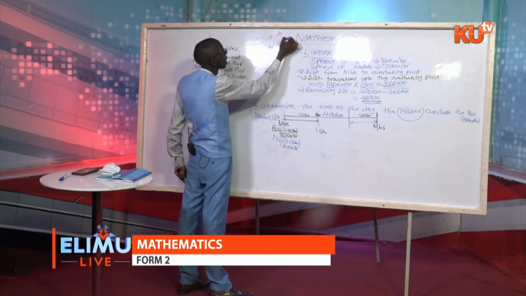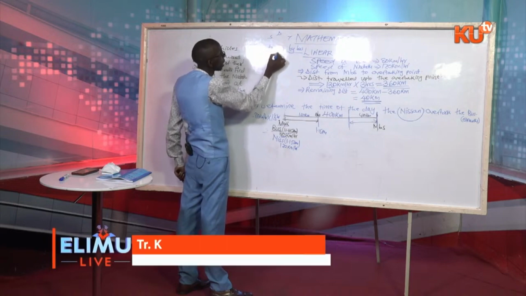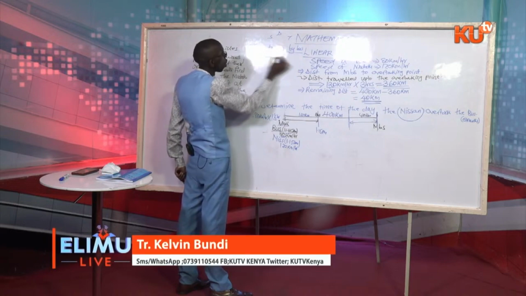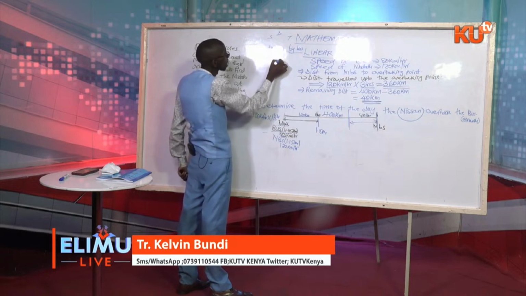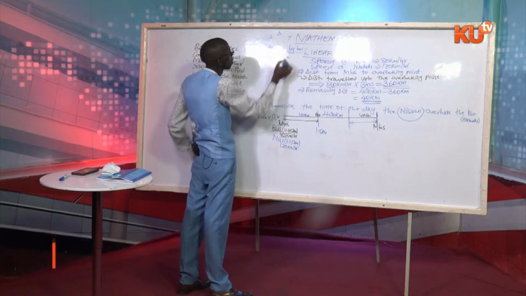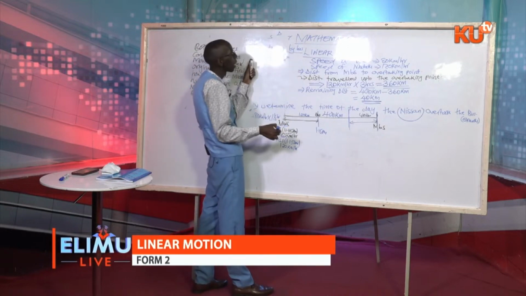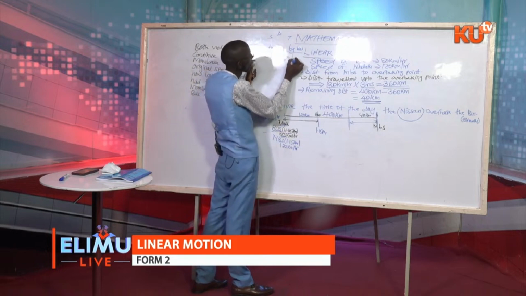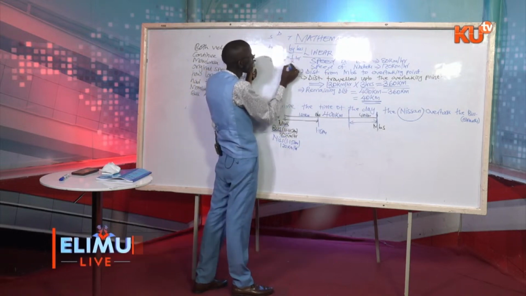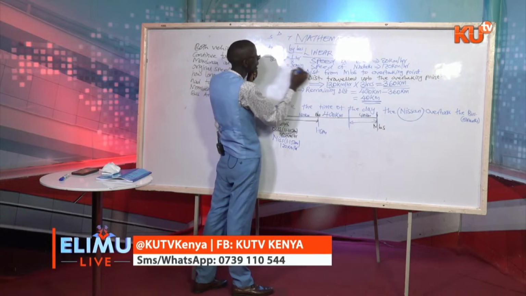Again DST. Time is distance over speed. So the distance remaining, 40 kilometers, over the speed of the bus, which was 80 kilometers per hour. So this means that the bus, after being overtaken by the Nissan, took half an hour, or 30 minutes, to reach Mombasa.